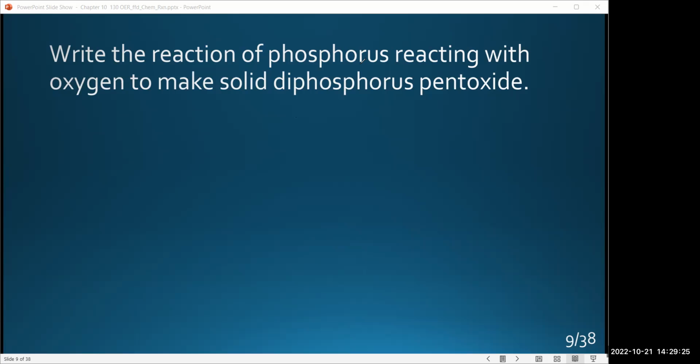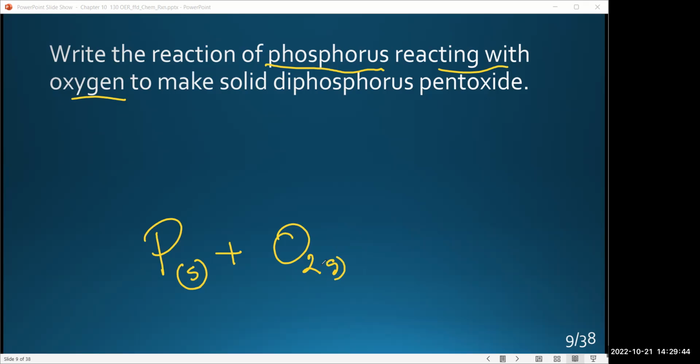All right, so we got phosphorus, so phosphorus is a P, and we know that that's a solid. Okay, reacting with is our key word for plus. Okay. Oxygen is diatomic. Okay, it's O2 and it's a gas. Okay, to make, that's our key word for the reaction arrow. And now we have solid diphosphorus pentoxide.